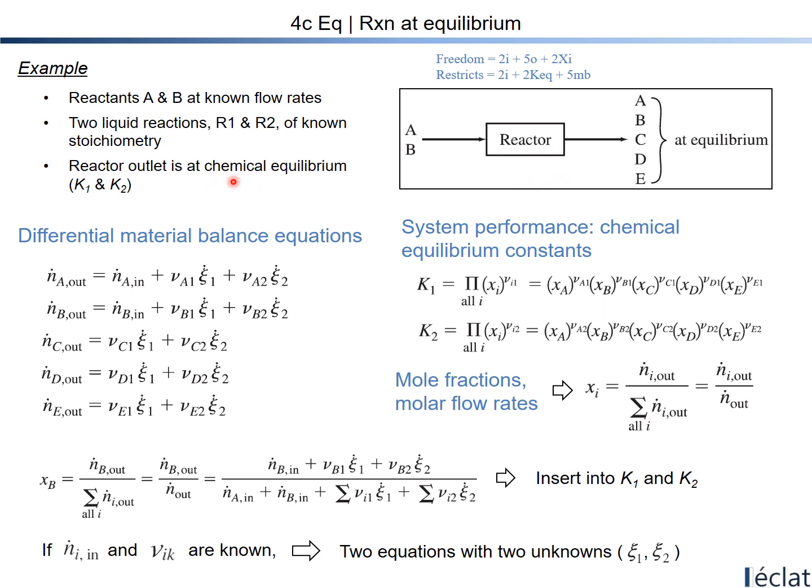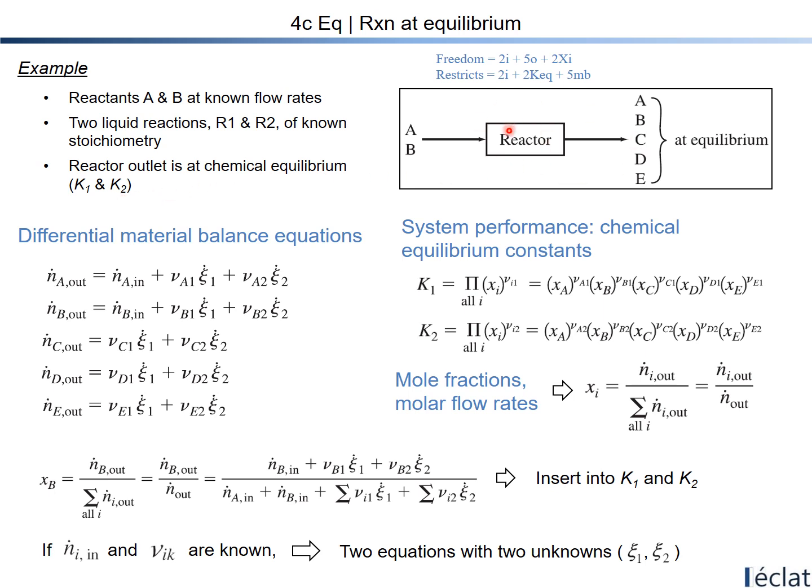Reactor outlet is at chemical equilibrium. It is the most important part of this example. We are assuming that the reactor outlet is at chemical equilibrium to find the achievable and best conditions of this process. So we would have two equilibrium constants for 1 and 2, K1 and K2.